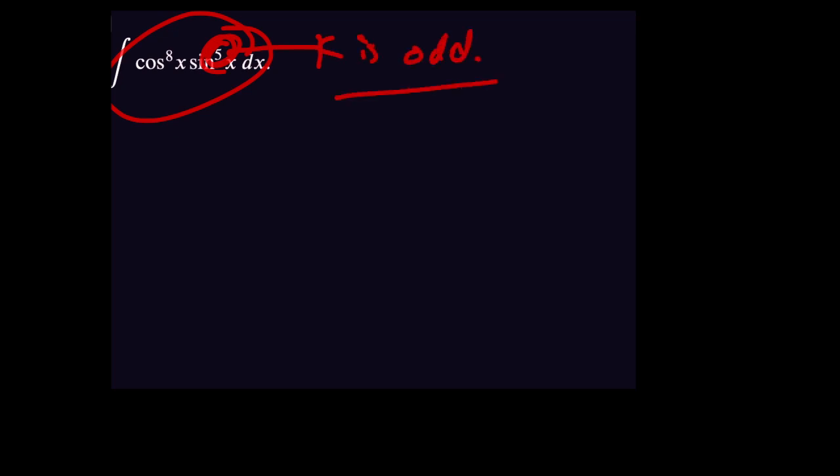As you can see in this example, k is odd. So we've got the integral of cos 8x sin 5x dx, which equals the integral of cos 8x sin to the 4x sin x dx.